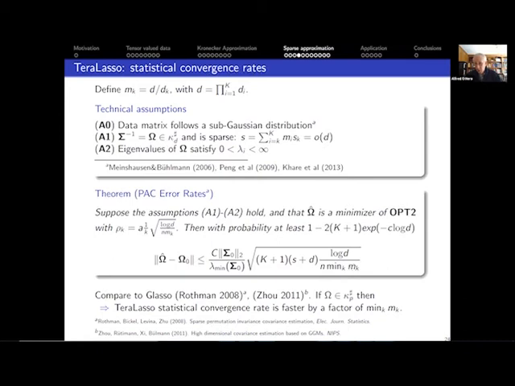So we get a very large improvement on the statistical convergence rate, the guarantee that this minimizer of this computational penalized maximum likelihood estimate actually is going to be close to the true sparse inverse covariance.